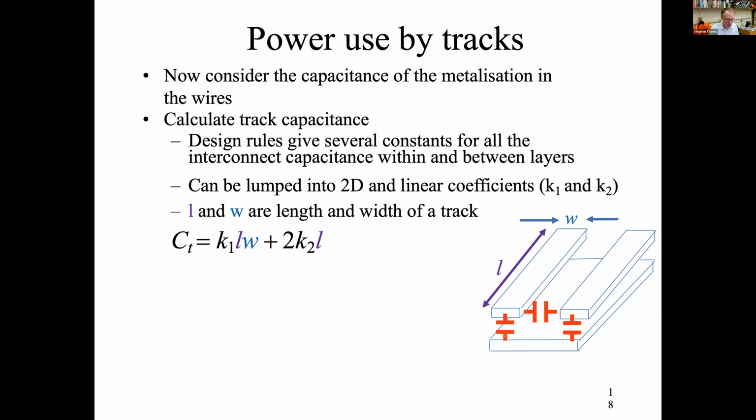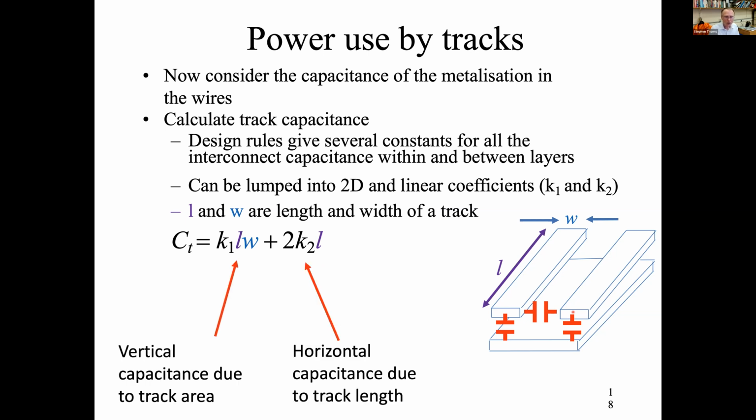Of course, you have to think about the upper layers too. And then for the tracks, it's slightly different because you've got the length. The width here doesn't come into it. Of course, you do have a thickness here, but that's not under your control. So you get a vertical capacitance due to the track area and a horizontal capacitance caused by the track length.